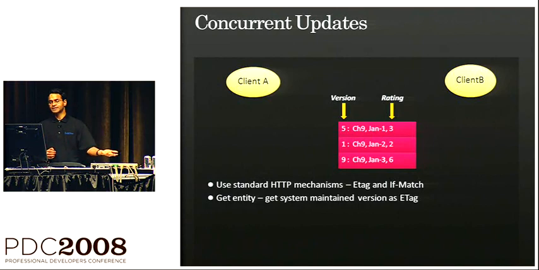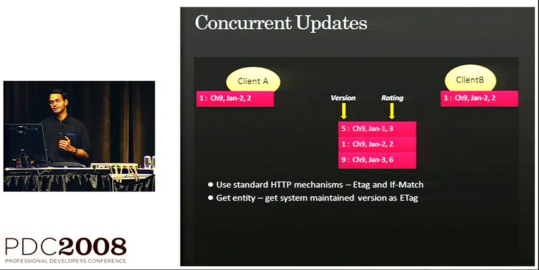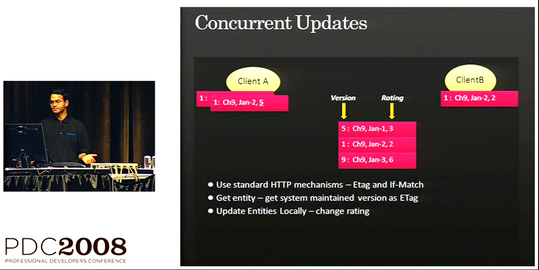We have the version on the left-hand side of the entity and the rating on the right-hand side. Client A gets the entity. It says the version is 1, and the rest of the entity is the same. Client B gets the same value. Both of them change the entities locally. Client A changes the rating to 5, and client B changes it to 4.